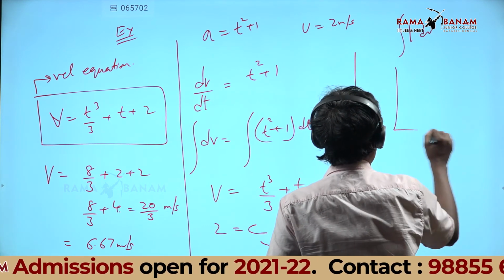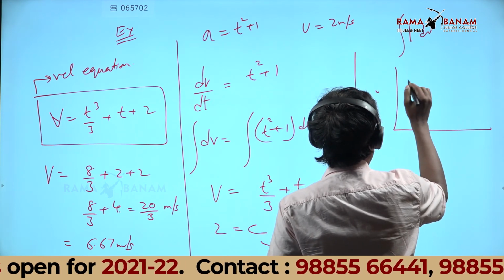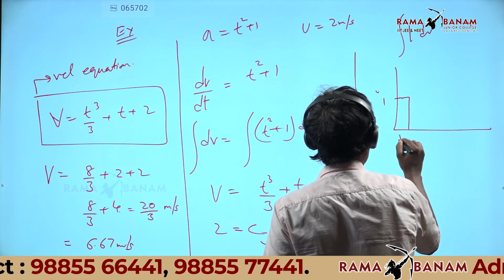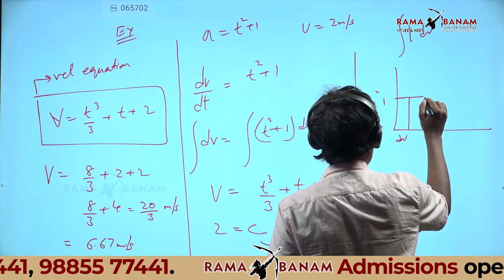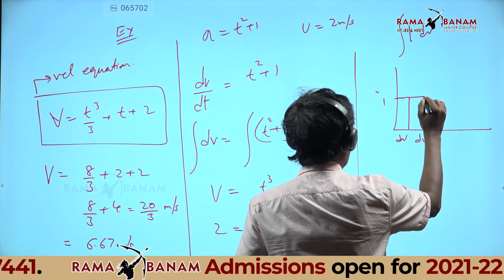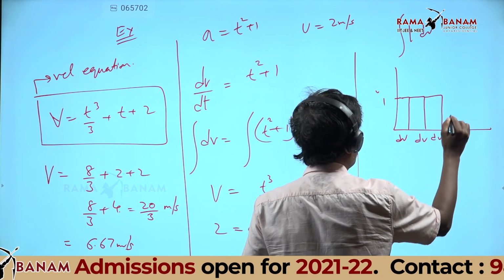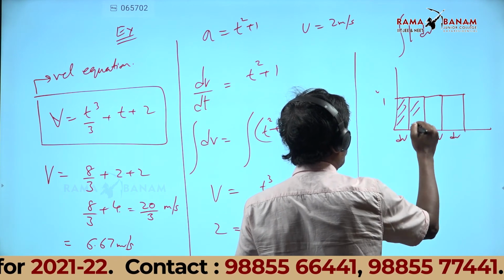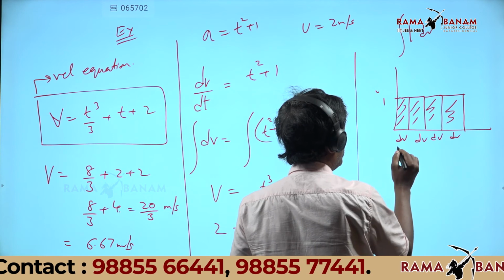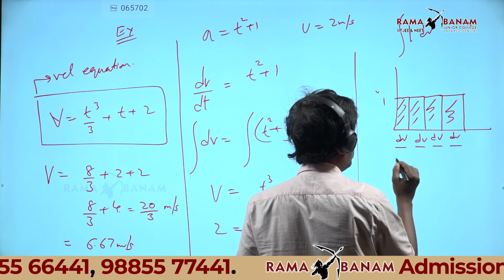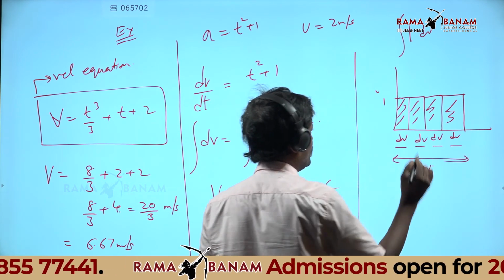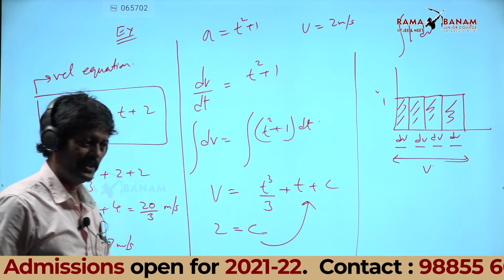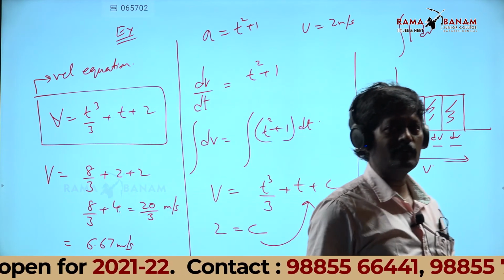If I take 1 dv, this y coordinate is 1, this is dv. Again y coordinate is 1, this is dv. All this area we are finding. dv plus dv plus dv plus dv is nothing but v. Integral dv means integral 1 dv. All the rectangles if you add, you get v.